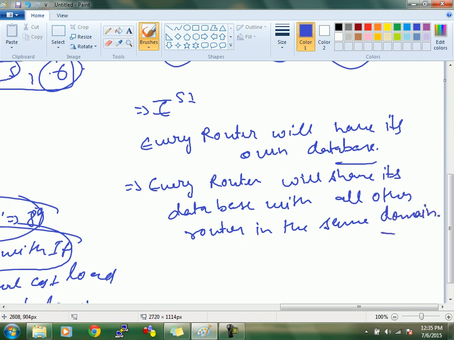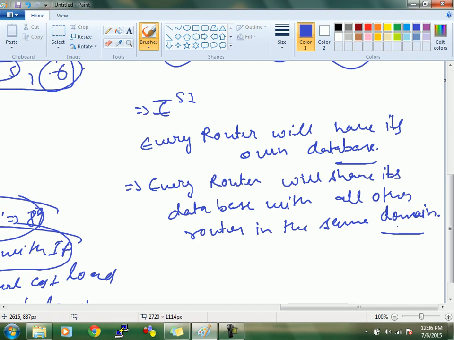Read the line again. Every router will share its database with all other routers in the same domain. This thing is fine. Any issue to anybody?